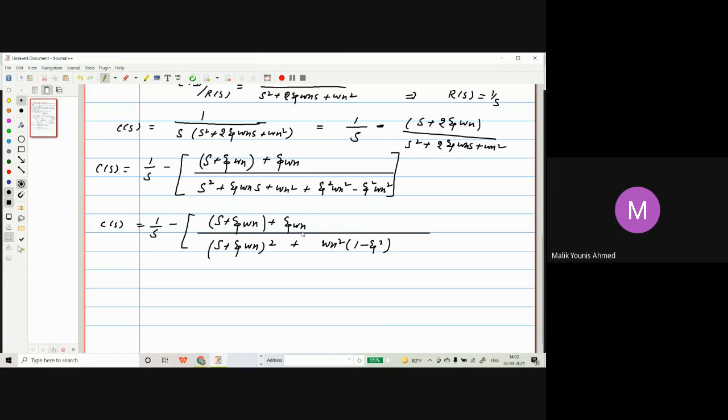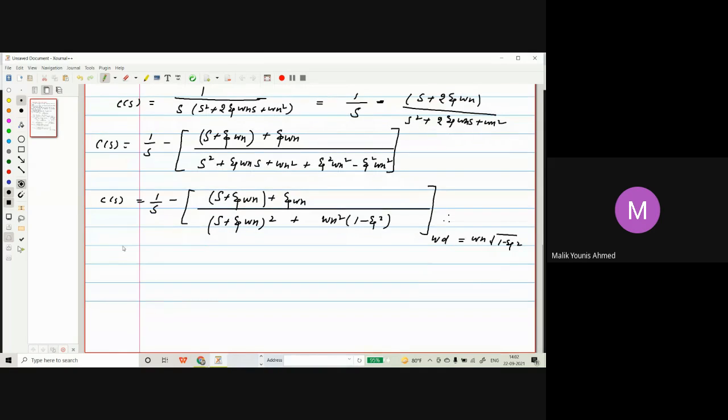Okay. So let us say I'll be writing this omega d as omega n into under root of 1 minus xi square. Let us say this term, for simplification's sake, I will write it like this. So simplifying this further, C of s will be equal to 1 by s minus, okay.